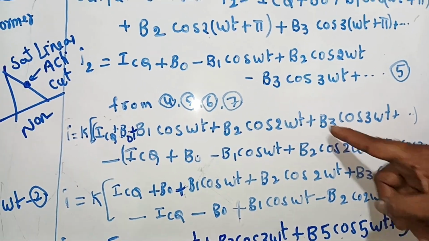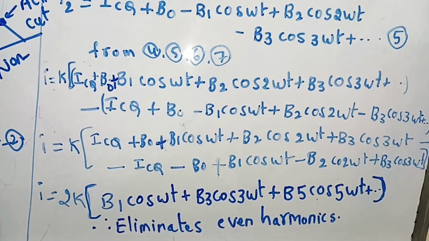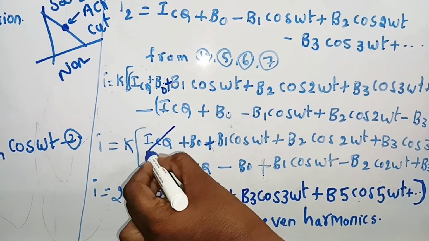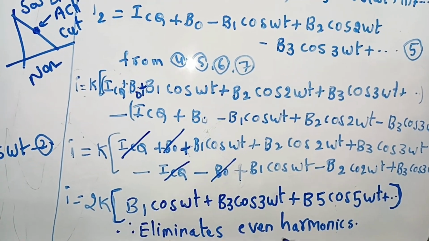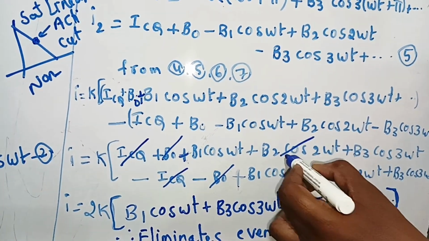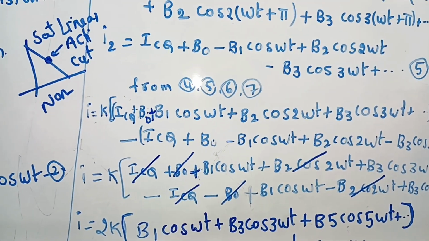Already we have minus B3, so minus into minus becomes plus. Here we have plus ICQ and minus ICQ, plus B0 and minus B0. Similarly, plus B2 cos 2 omega t and minus B2 cos 2 omega t, all are cancelled.